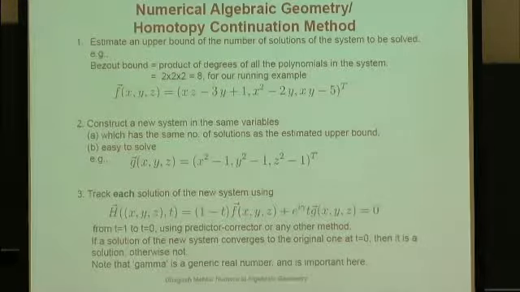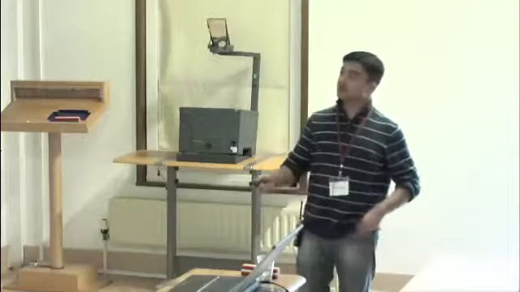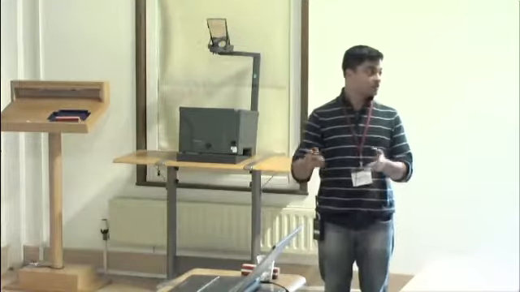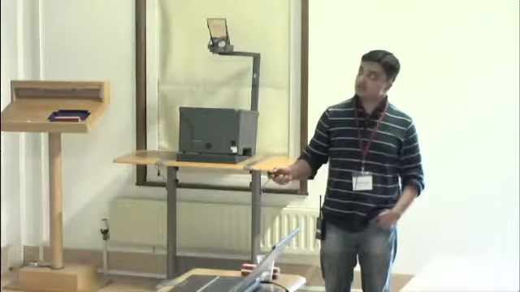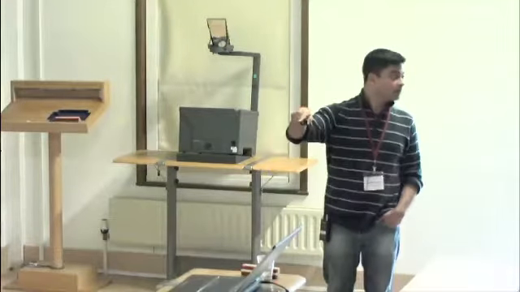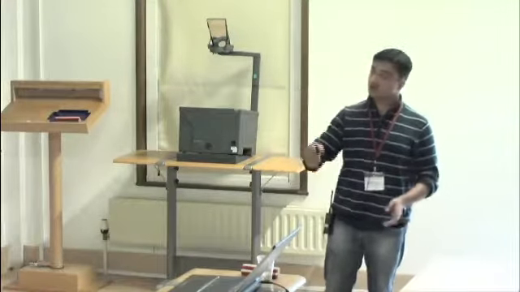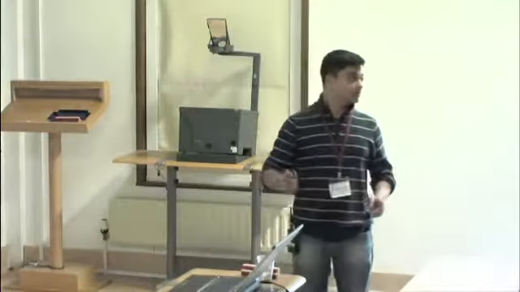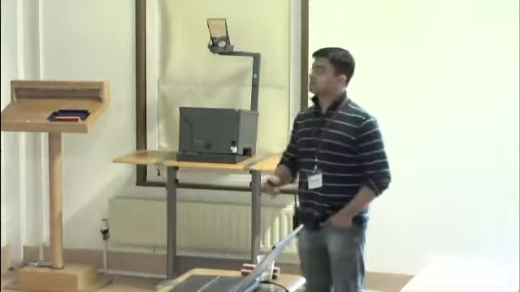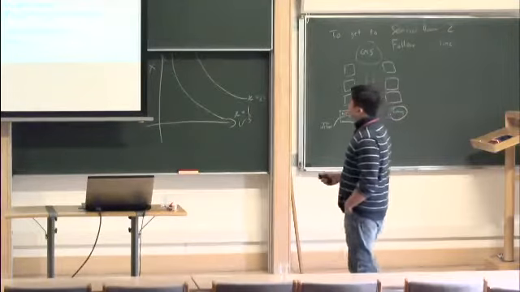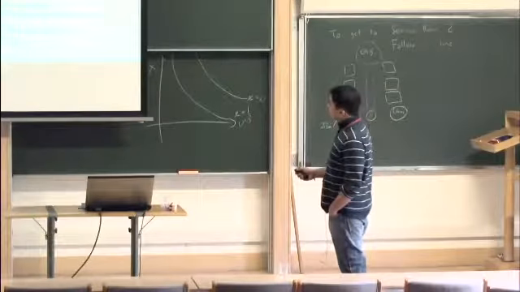You track each of the paths, and then in the end, some of the paths will converge to the solutions of F, and some of them will diverge. In this case, we know that there are 3 solutions, so only 3 paths out of 8 will converge, and all the others will just diverge. Okay, so that is this method.